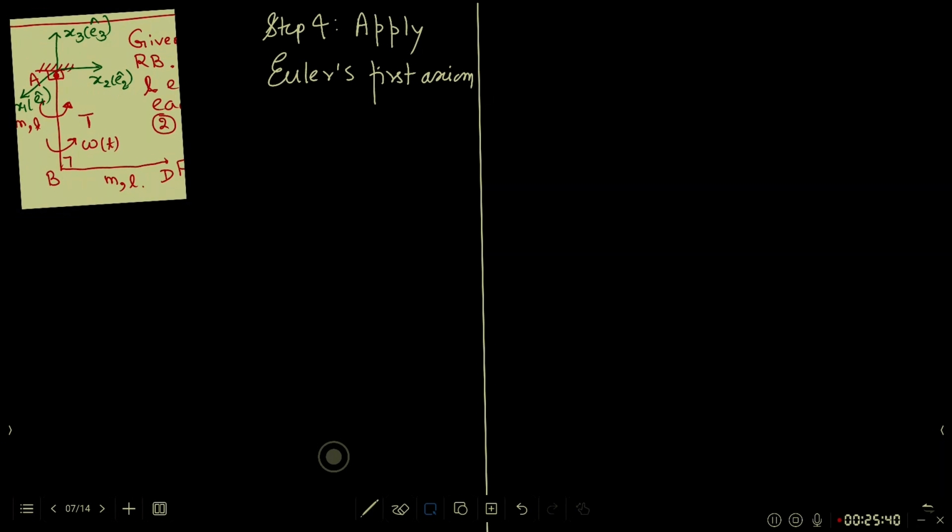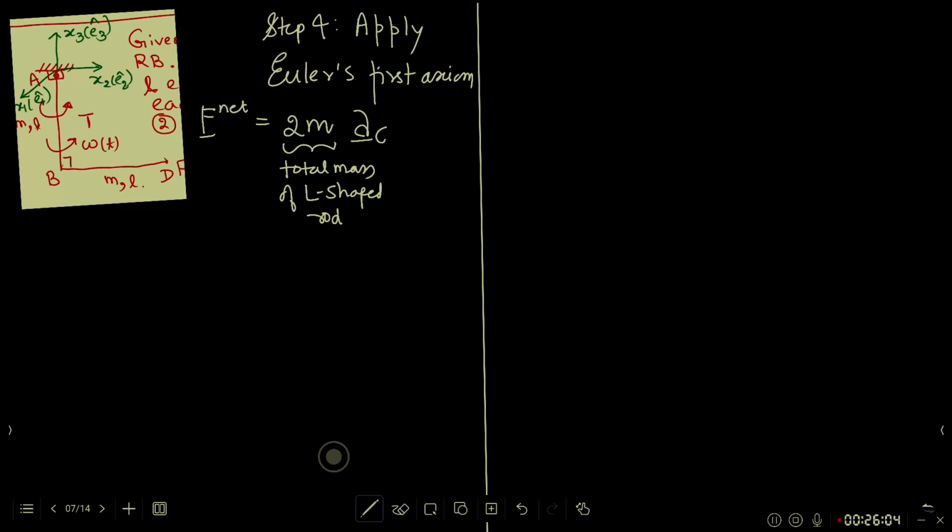Euler's first axiom means net force equals 2m, the total mass of the L-shaped rod, multiplied by the acceleration of G with respect to I. What is G?